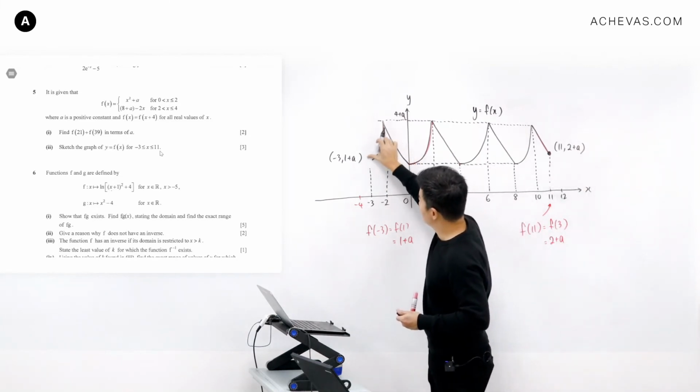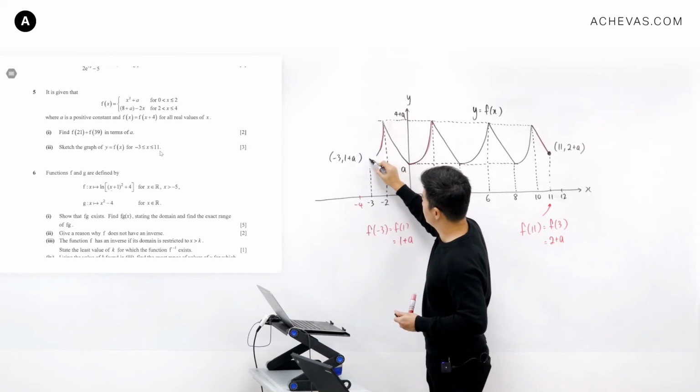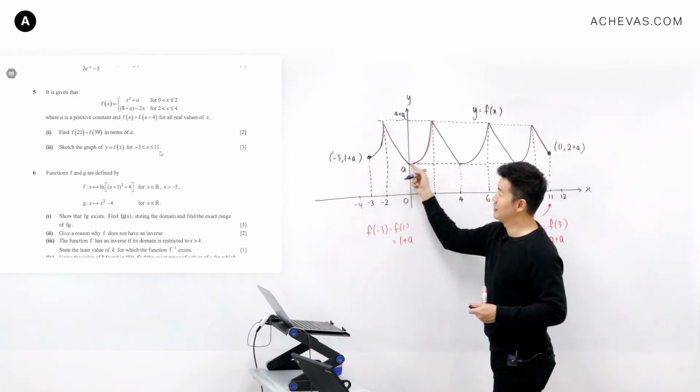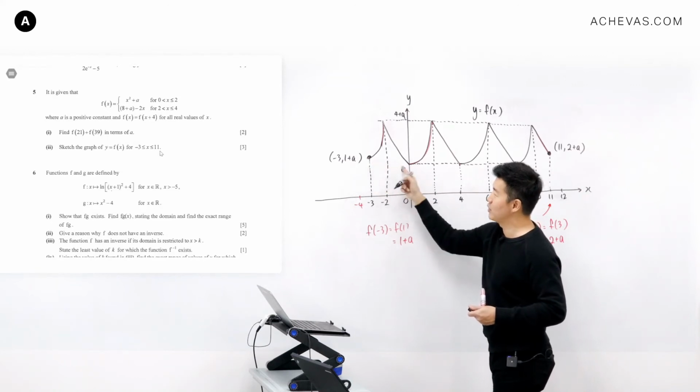I think I better make sure that this point is a bit higher up. I don't want the examiner to have any doubt that it is going to be the same y coordinate as A.